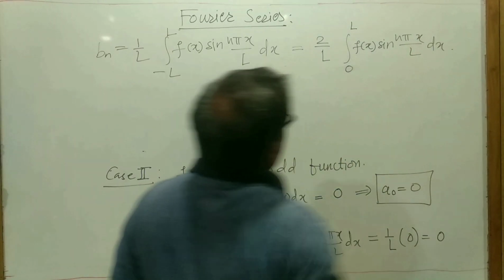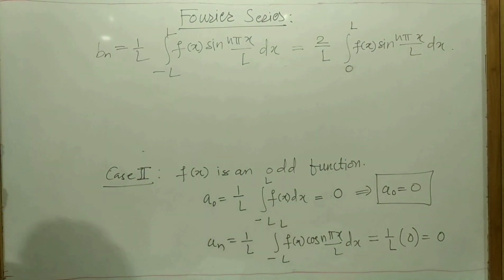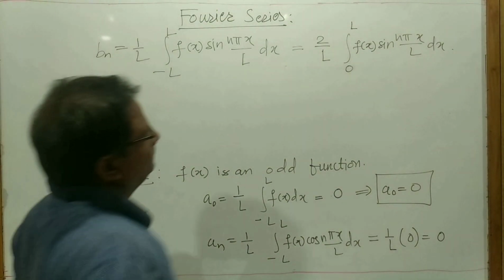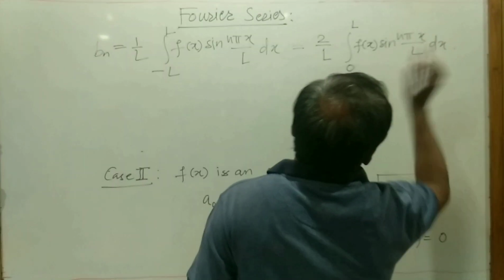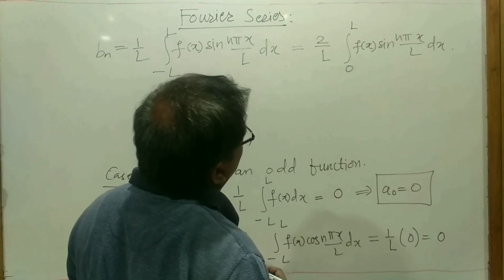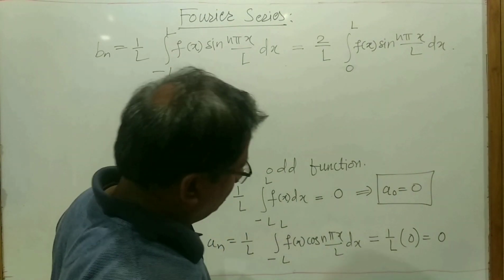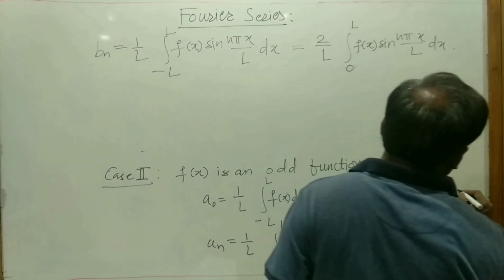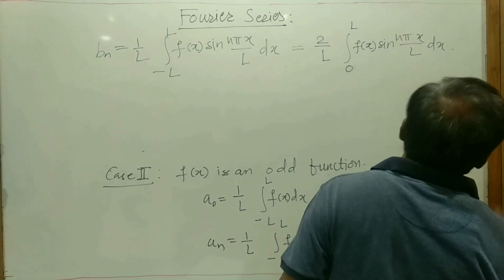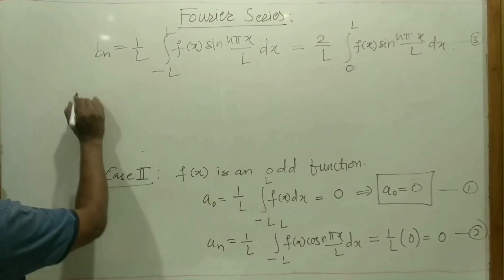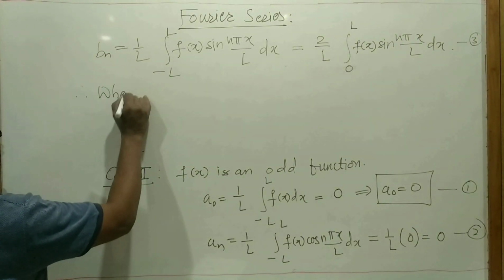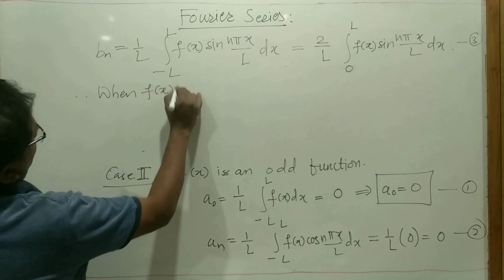That is 2 upon L integral 0 to L f of x sin n pi x upon L. So Bn equals this 2 upon L integral 0 to L f of x sin n pi x upon L. Okay, so this is value 1, this is another value, and this is the third value Bn.